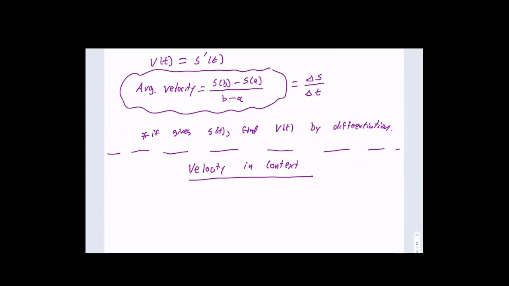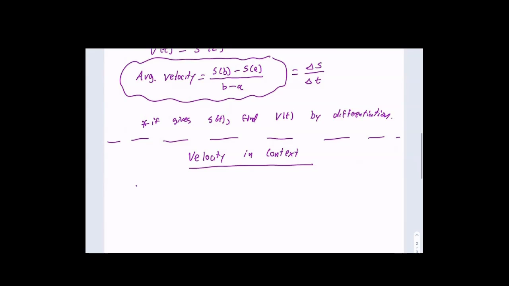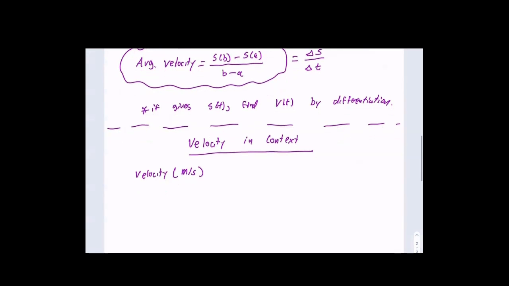So, for example, let's say velocity is measured in meters per second, okay? And I give you v of 6 equals 5.